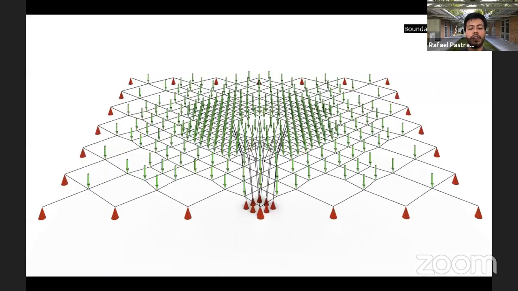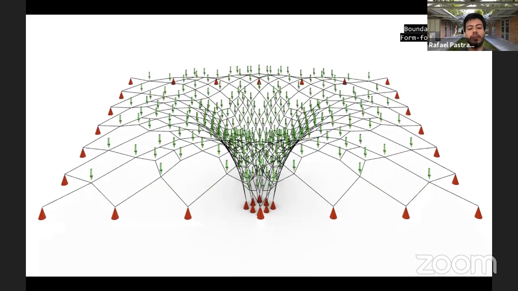We used a simplified linear model where, in red, you can see what the support conditions are, so our boundary conditions, and with the little green arrows pointing downwards, you could see what the load assignments were. Here you see what the response of the structure is after the dynamic relaxation process.